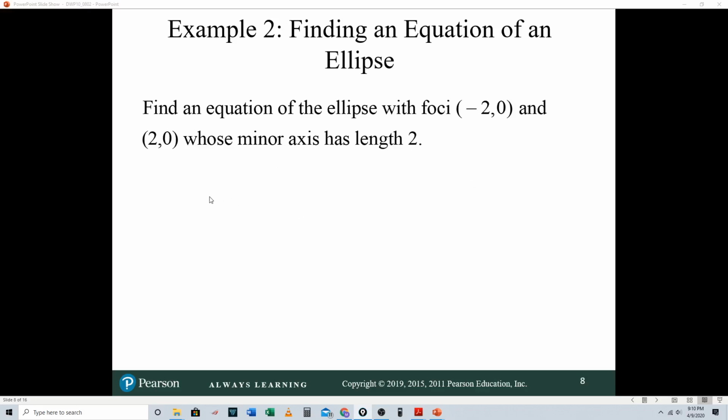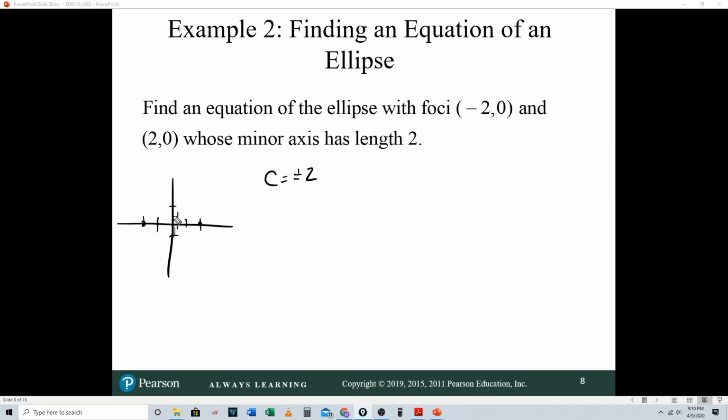Let's draw this out. We have foci at -2 and 2. Those are the focal points, which means those are the values of C. C is equal to plus or minus 2. And the minor axis length is 2. So this right here, 1 and negative 1, should add up to 2.